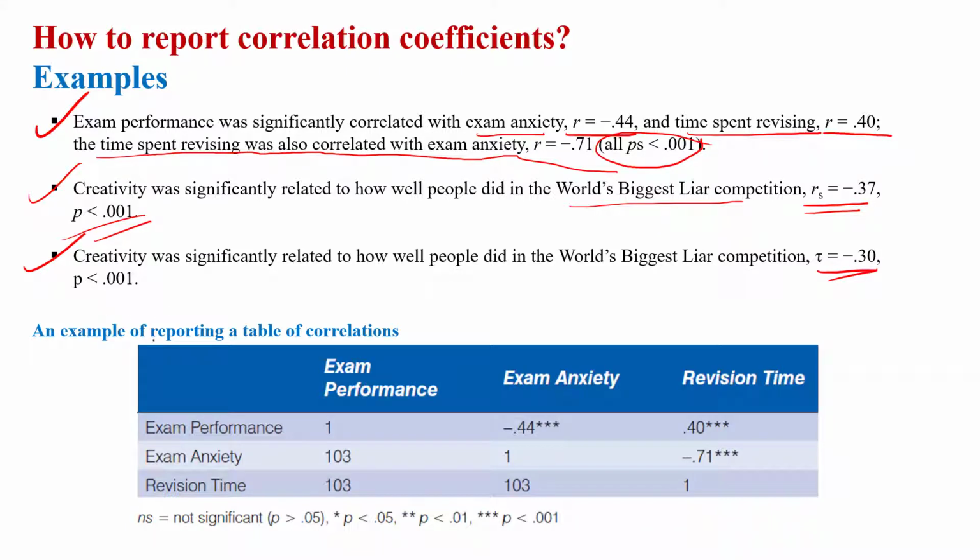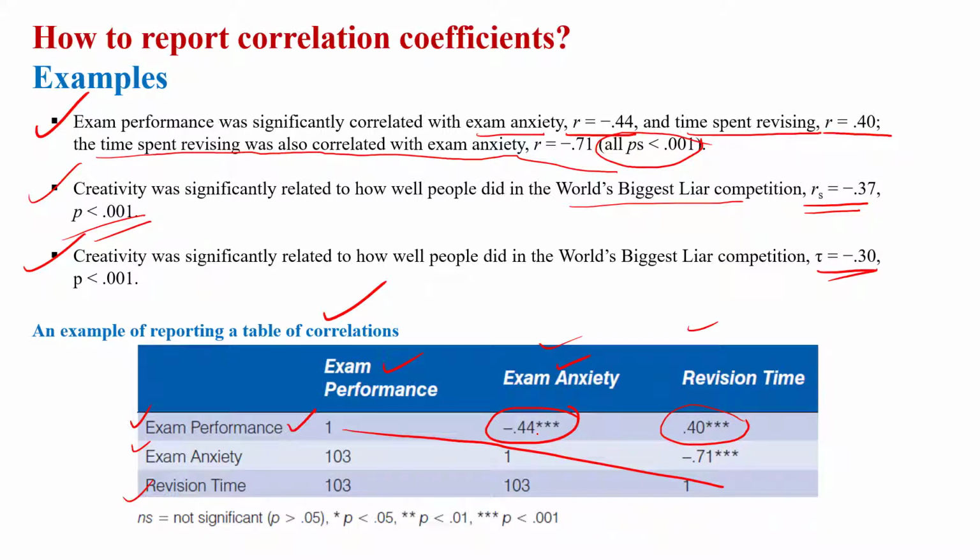If you want to report in a tabular form, how can you do that? We have represented all three variables, and the diagonal values are always equal to 1, and we tell what the correlation value is between the exam performance and the exam anxiety. Similarly, what is the correlation coefficient value between the exam performance and the revision time?